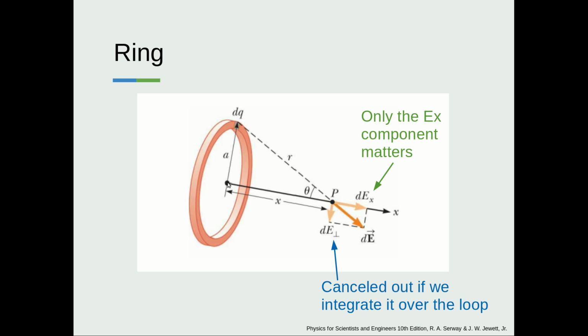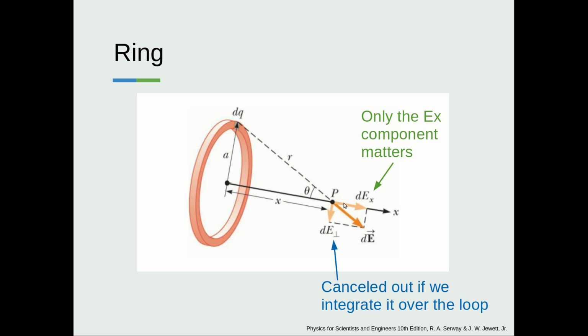And this is the center of the ring. This is where your charge is. And this is A, the radius of the ring. This is a circular ring, so when you walk on the ring, all the A are the same. So A is a constant here. And this is the axis of X.